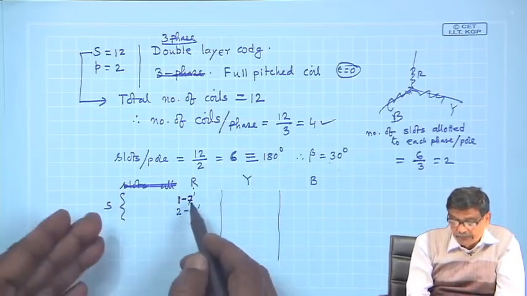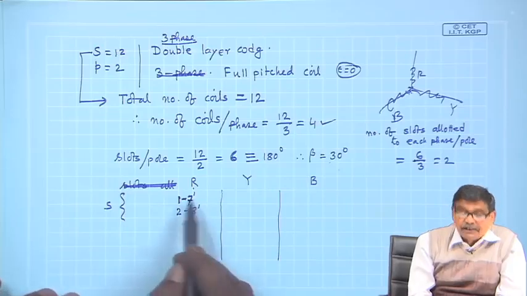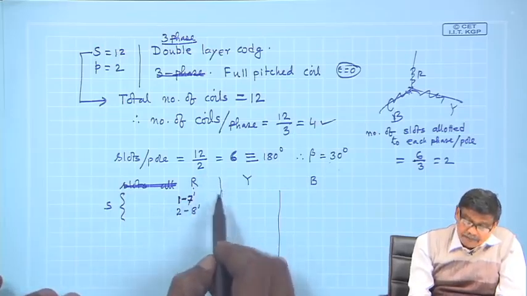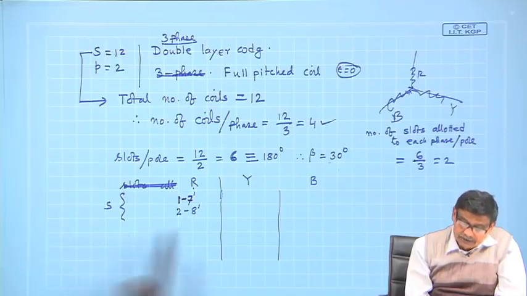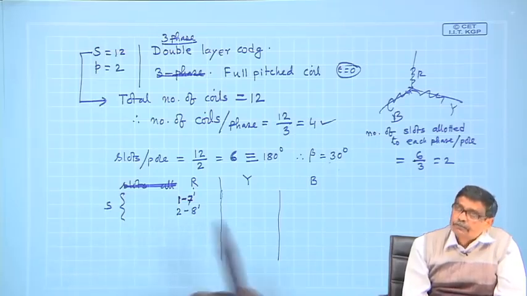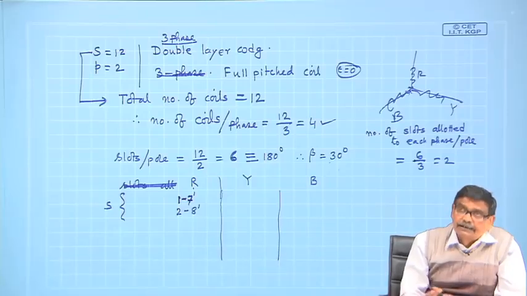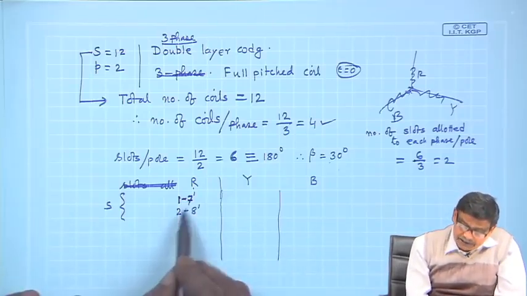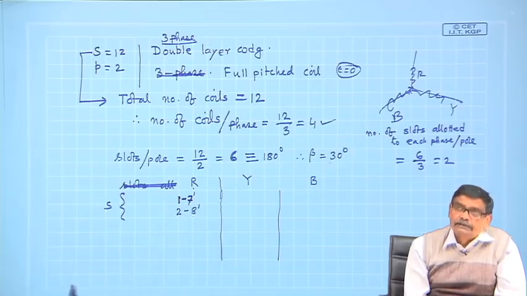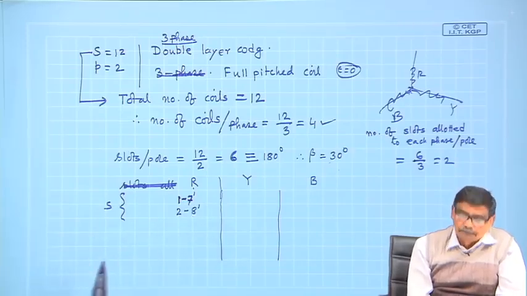First 2 slots I have allotted to R phase, and these 2 coils I will call 1 7 dashed and 2 8 dashed. Coil spans are the same and each coil is identical, only their names will be different. So, 1 7 dashed and 2 8 dashed, R phase is over.